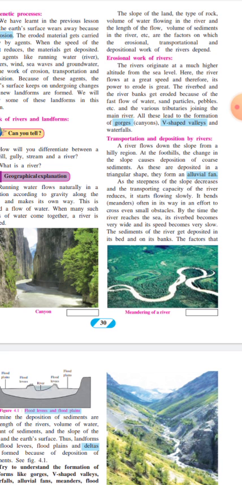It bends, meanders often in its way and struggles to cross even small obstacles. By the time the river reaches the sea, its riverbed becomes very wide and speed becomes very slow. The sediments of river water get deposited in its bed and on its bank. So this is the transportation and deposition by river.